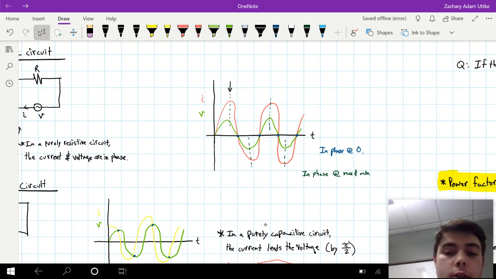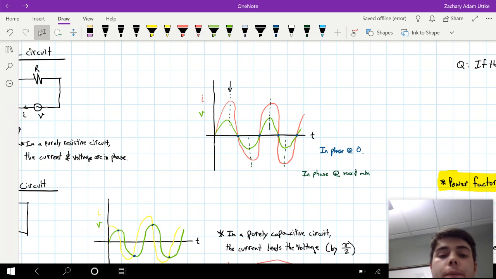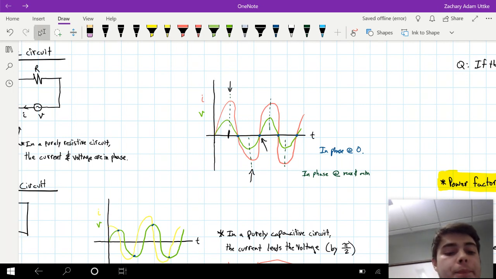So what these lines are showing right here is that the voltage peak and the current peak are both at this specific time. And similarly, the bottoms, the mins are going to be in phase, and they both reach zero, no voltage or no current at the same point in time.